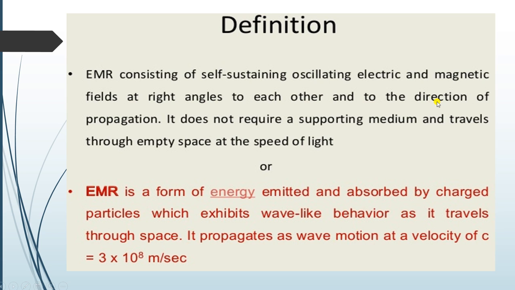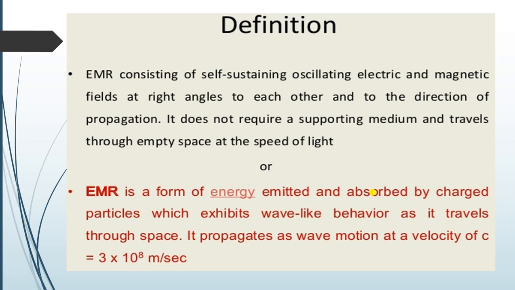The direction of propagation is unidirectional. As we know, light travels generally in one direction, but the light that is propagated does not require a supporting medium. We don't require any kind of supporting medium.